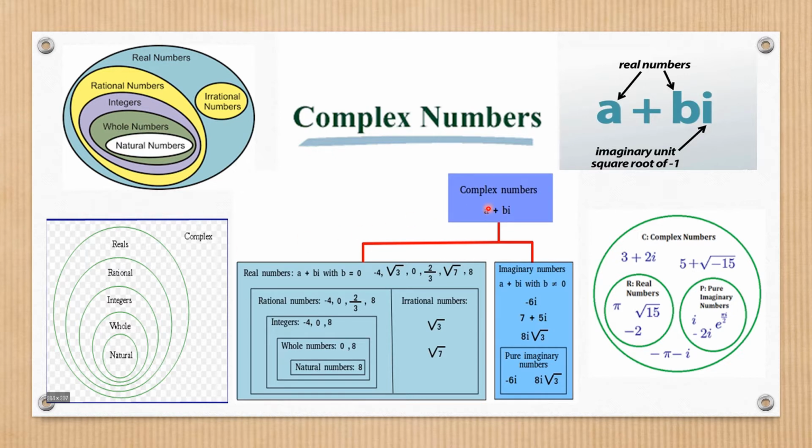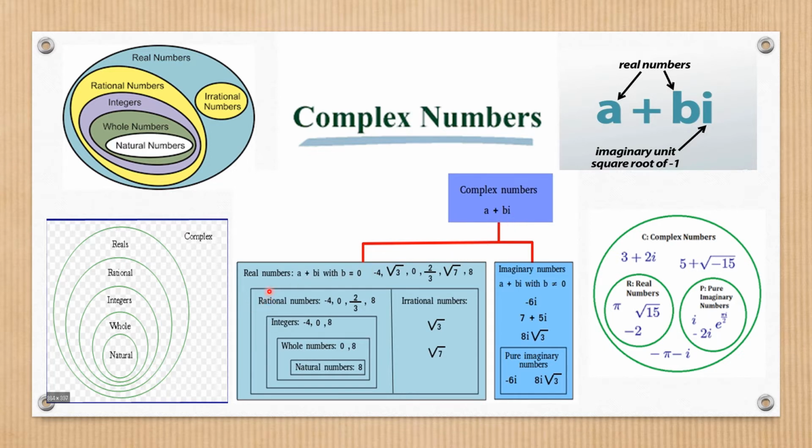Complex numbers are the numbers expressible in the form a plus b iota, where a and b are both real numbers and iota is under root of minus 1, that part that we discussed in the very first slide. So complex numbers are a plus b iota type of numbers.